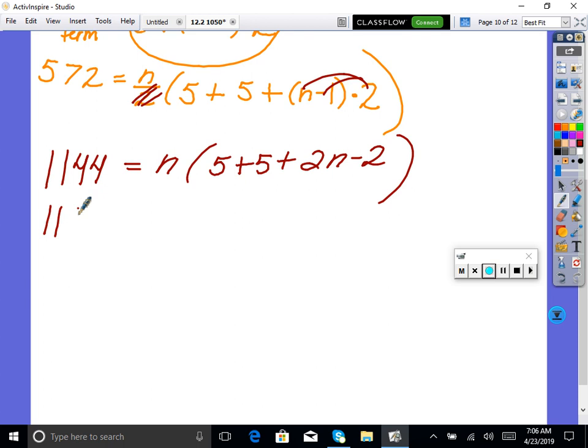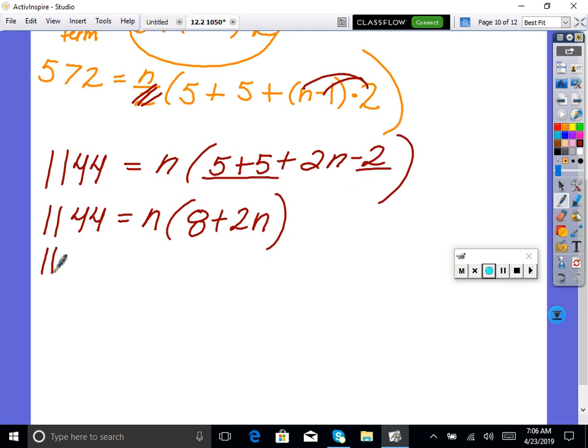So we have 1144 is equal to n times 10 minus 2, 8 plus 2n. So now we would have to distribute. So we have 1144 is equal to 8n plus 2n squared. How do we solve when we have a quadratic? Yep, but we first have to get it set equal to 0, right?